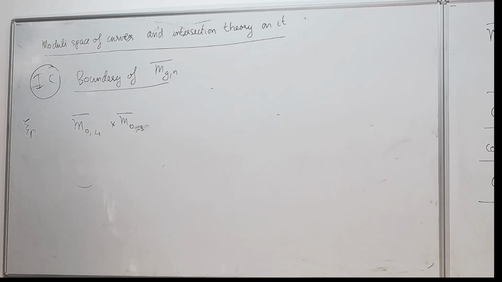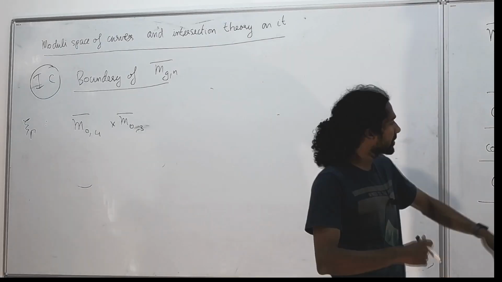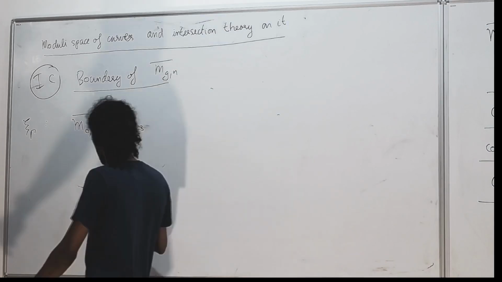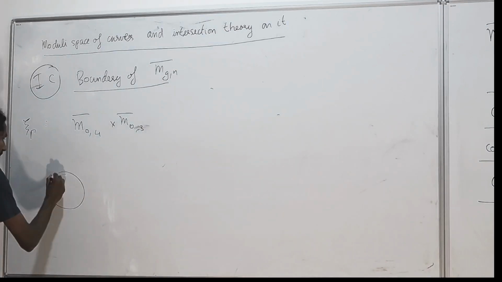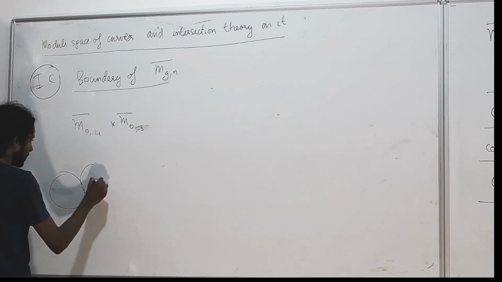You're gluing only along the things which are connected by edges. No, I don't see the problem. For example, I could glue a curve that's like this one.